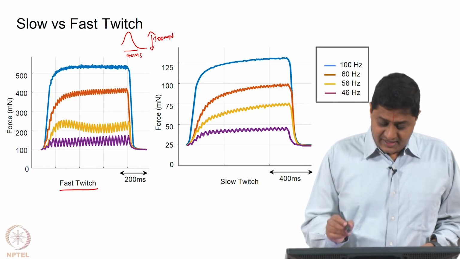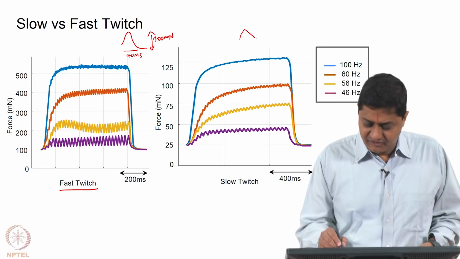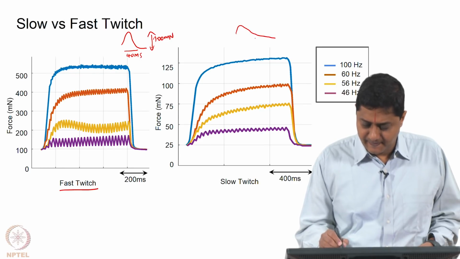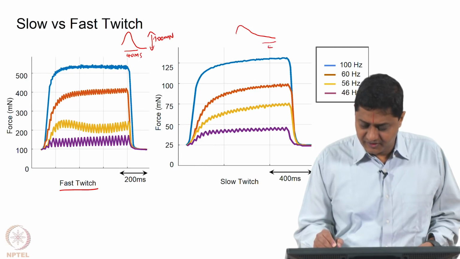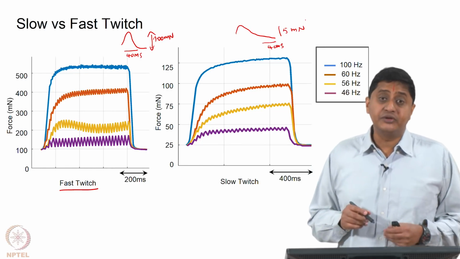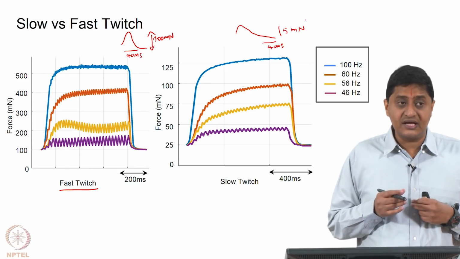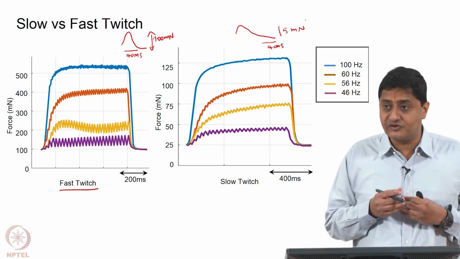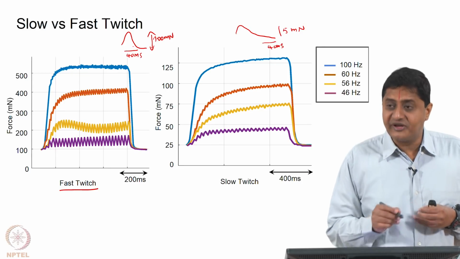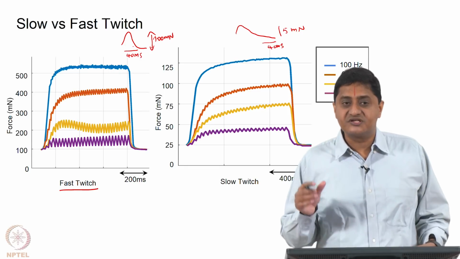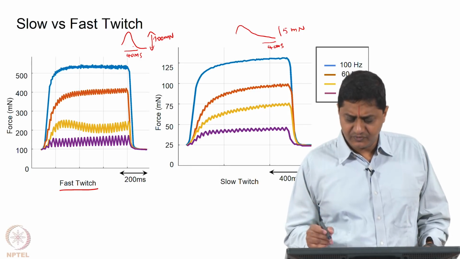In the slow case, a slightly different force profile is produced, also over about 40 milliseconds. However, the amount of force produced is of the order of a few millinewtons. So, the fast twitch fibers can produce relatively large amounts of force in relatively brief periods, but the slow twitch fibers produce small amounts of force.